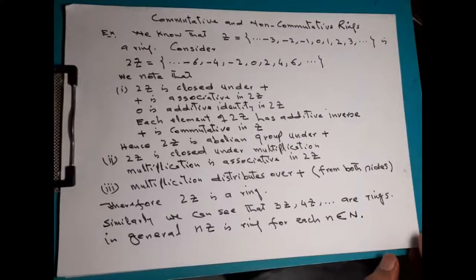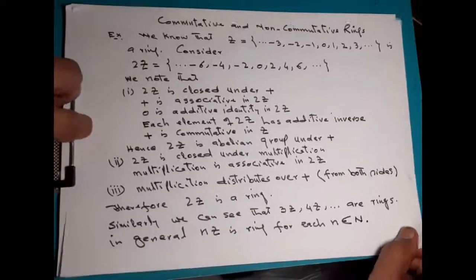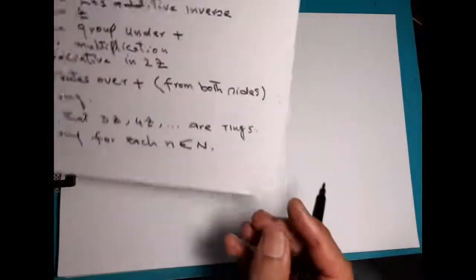So 2Z is a ring, 3Z is a ring, 4Z is a ring, 5Z is a ring, and so on. Now we have quite a good number of examples before us. Based on these examples, let's make a few more definitions.